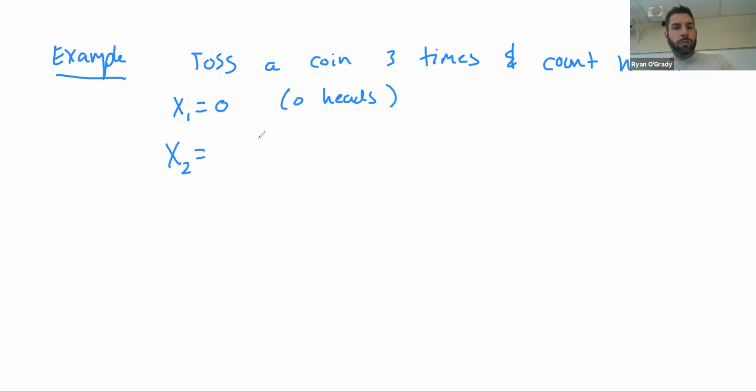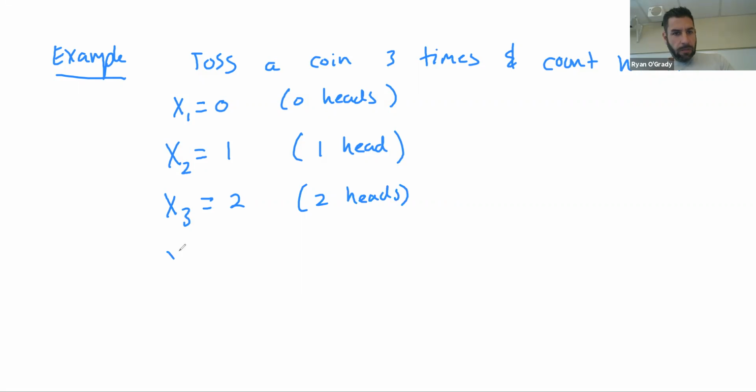X sub 2 would be 1, that would be 1 head. X sub 3 would be 2, that would be 2 heads. And X sub 4 would be the 4th scenario, and the 4th scenario is that we get 3 heads.